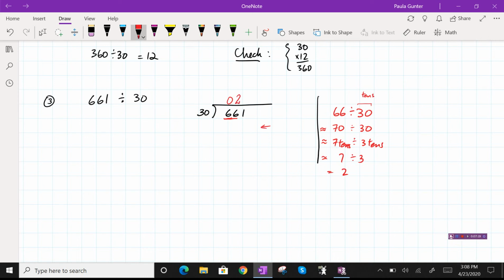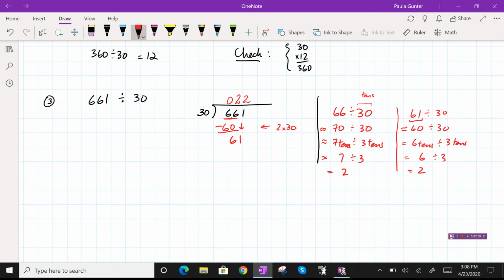And here we go. 2 times 30, we'll end up with 60. Subtract, we get 6. Carry down, we have 61. 30 into 61 would be, again, 2 times. So we can see that here, even though this time 61 divided by 30, if I should approximate, this is 60 divided by 30, or 6 tens divided by 3 tens. 6 divided by 3 is 2.